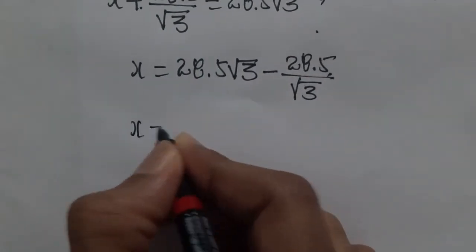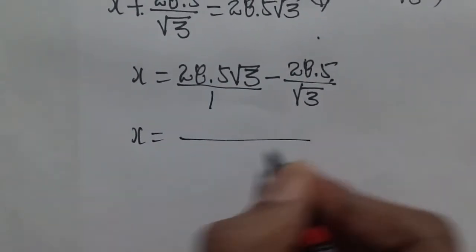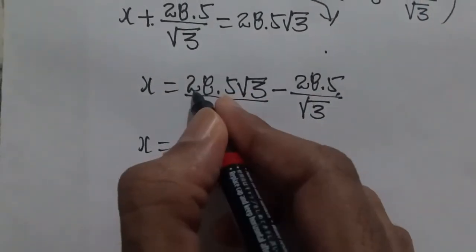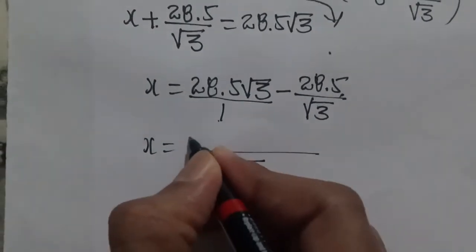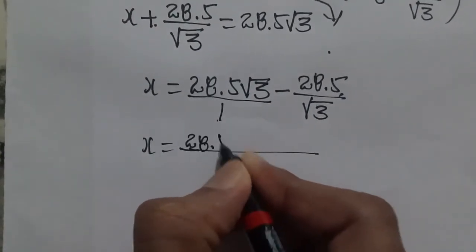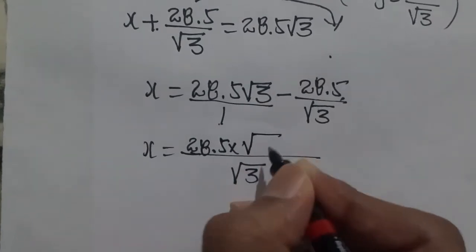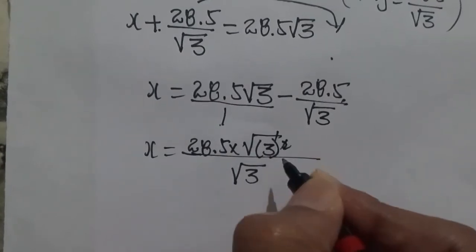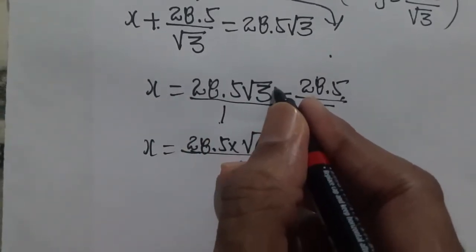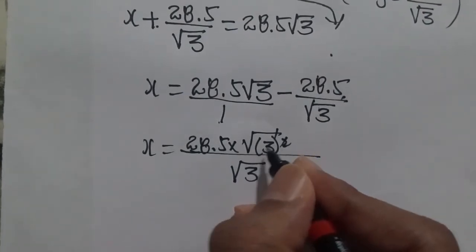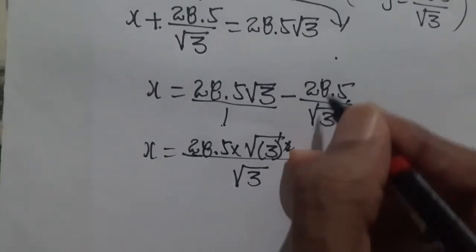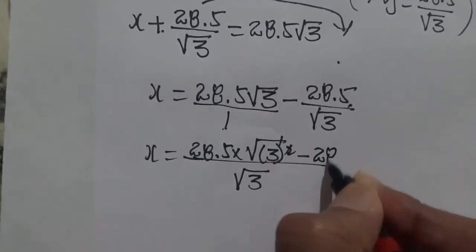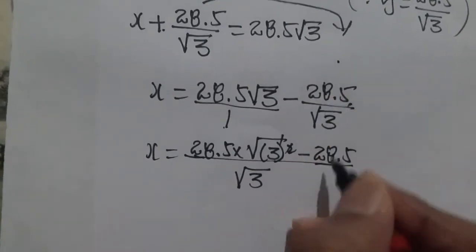Now x is equal to, here by 1 I write, the denominator value is root 3. Now 1 into root 3 means 28.5 root 3 into root 3, root 3 whole square. Square root and square get cancelled, minus, here the denominators are the same, therefore the numerator as it is, 28.5.